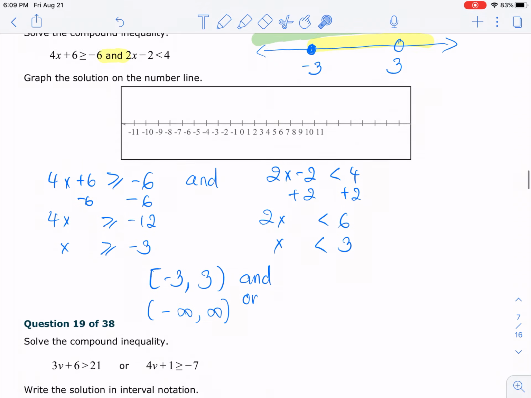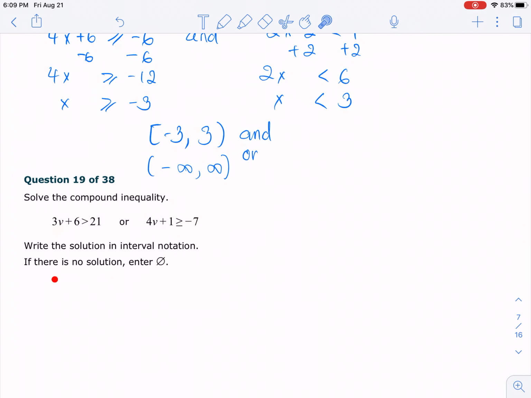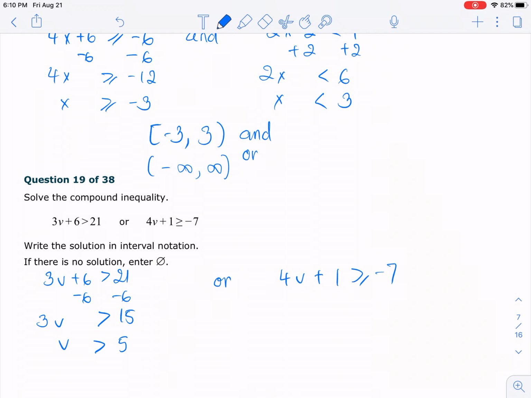We have negative 6 for that one, and then we have 4v plus 1 greater or equal to negative 7. Minus 1, I get negative 8, v greater or equal to negative 2.